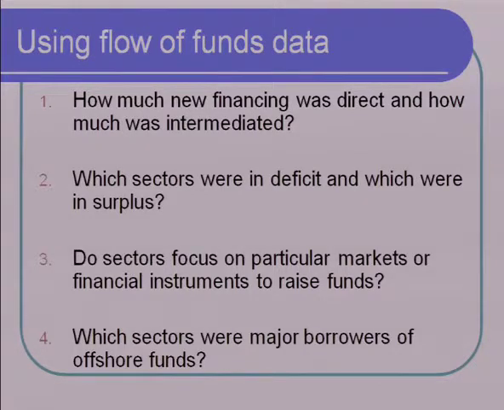How much new financing was direct and how much was intermediated? We saw that $135.3 billion was intermediated, $189.9 billion was direct finance. Which sectors were in deficit and which sectors were in surplus? Well, we saw how we can use the capital account to have a look at that for 2010-11.